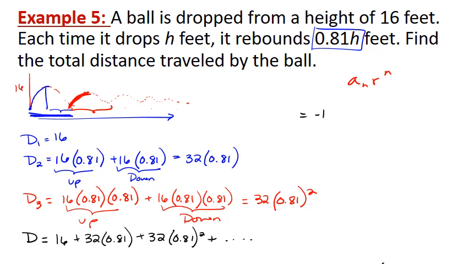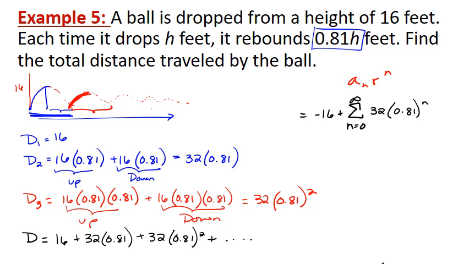We need to make sure we subtract that out from the rest of the sum, because it's not the distance that we need here. Okay, so then we're going to have the sum. We're going to let this be 0 to infinity, and we need to figure out what this is. Well, it's pretty much written for you here. The only thing is we need to make this exponent an n. So this is 32 times 0.81 to the power of n.